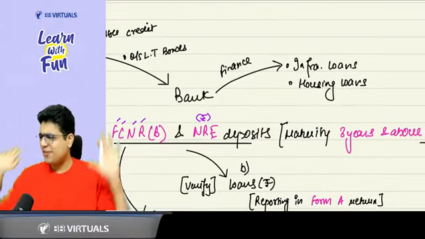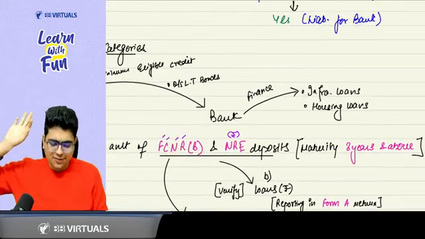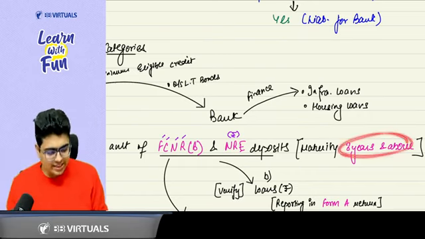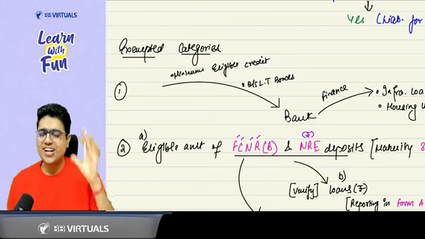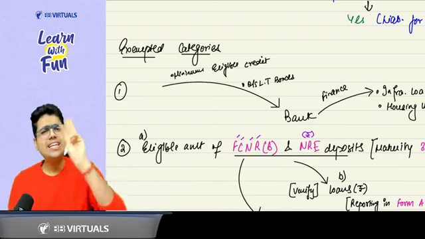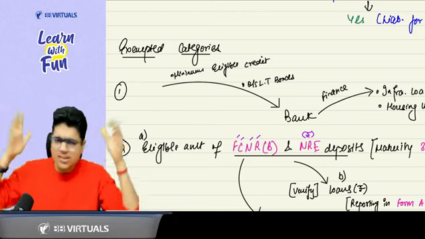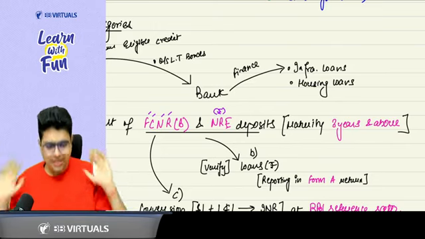After 3 years the person will come to take the money. So if there are certain foreign accounts like FCNR and NRE accounts which have a maturity of 3 years and above, you don't need to include them in the DTL calculation, because 3 years is more than enough. 3 years is too much, sir. The person is not coming today to take the money. So okay, we will not include them in the DTL calculation.